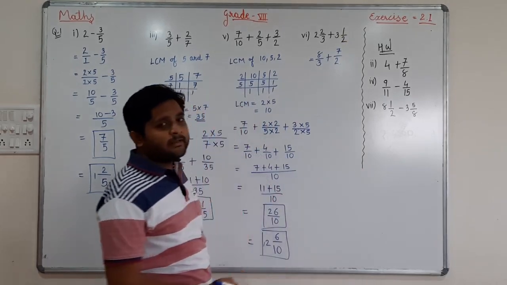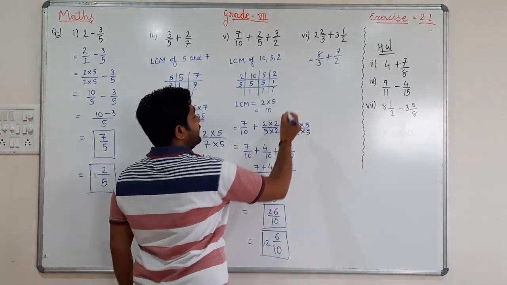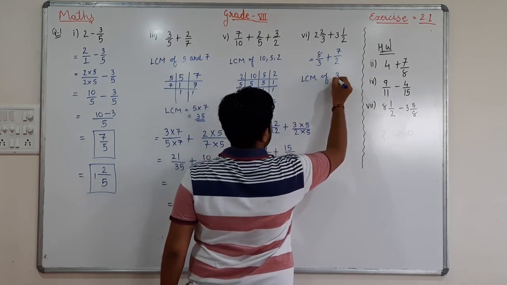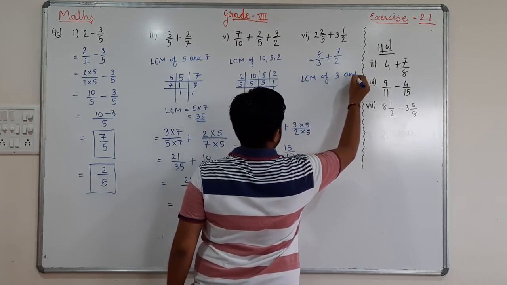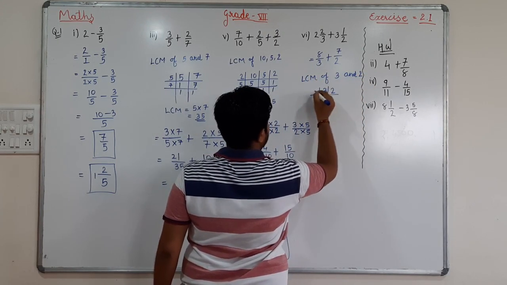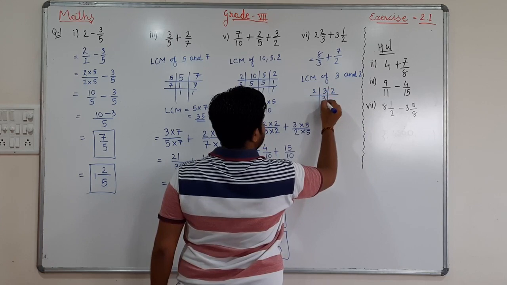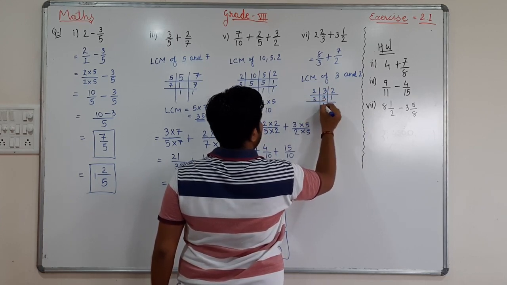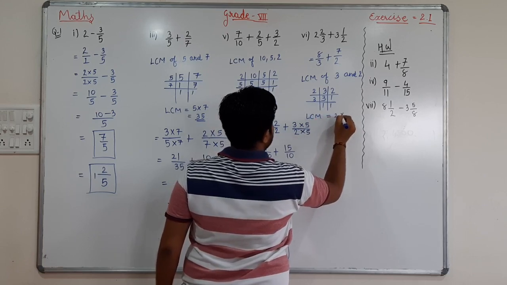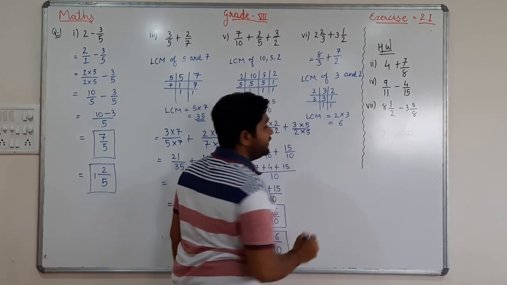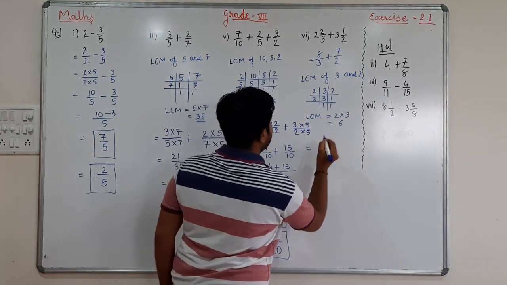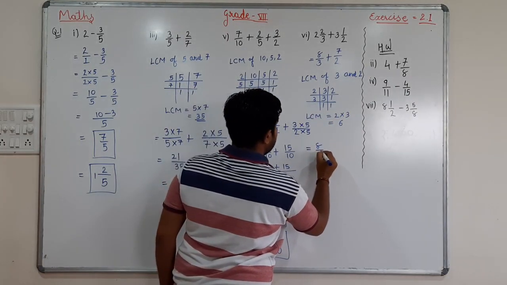Now same, find the LCM of 3 and 2. 2, 3 as it is, 2 ones are 2, 3, 1, 1. So LCM is equal to 6. So in both denominators we want 6. So let me solve 8 upon 3.